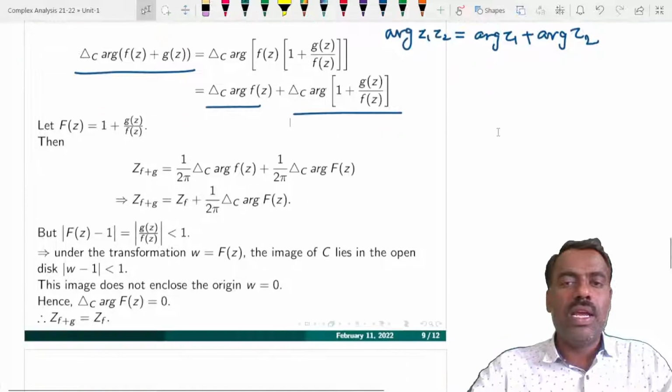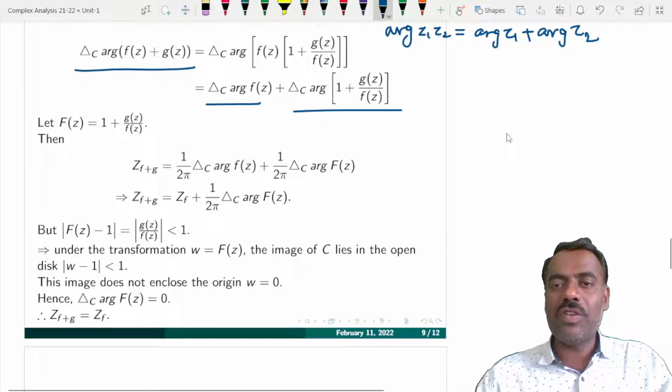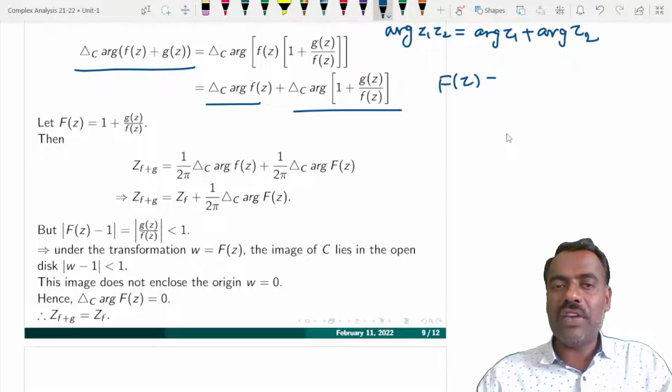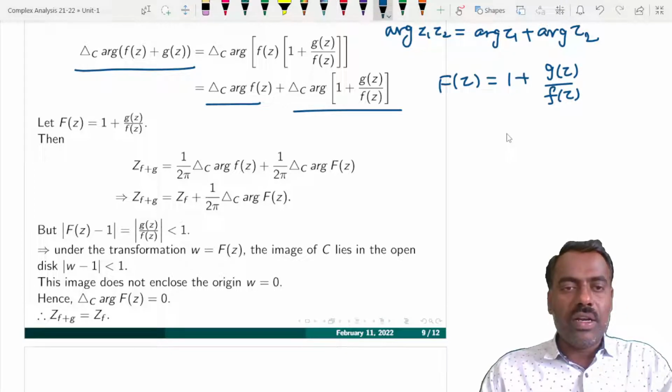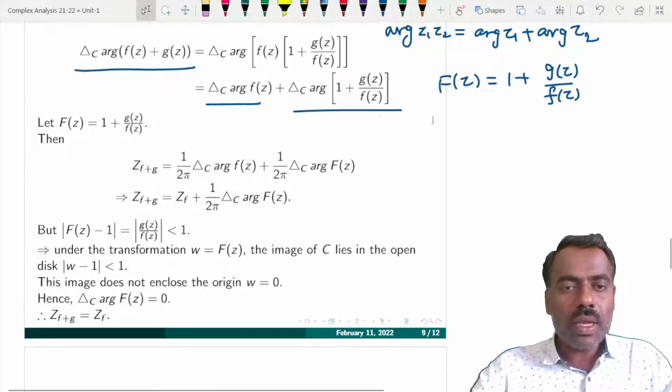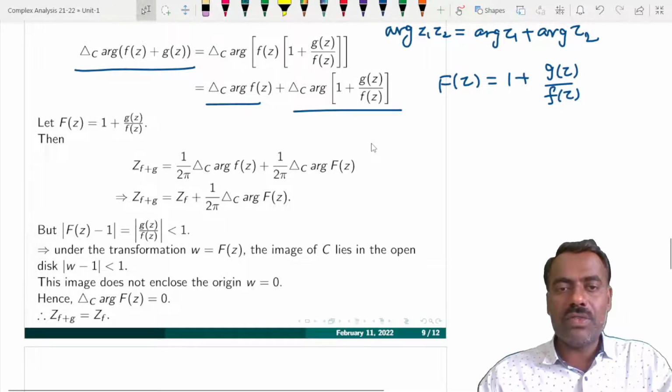Okay. Now to understand this, you call this capital F of z. So assume that capital F of z is 1 plus g of z by f of z, right? Then of course the zeros of f plus g is 1 by 2 pi times the argument of f of z plus 1 by 2 pi times the argument of this capital F of z.